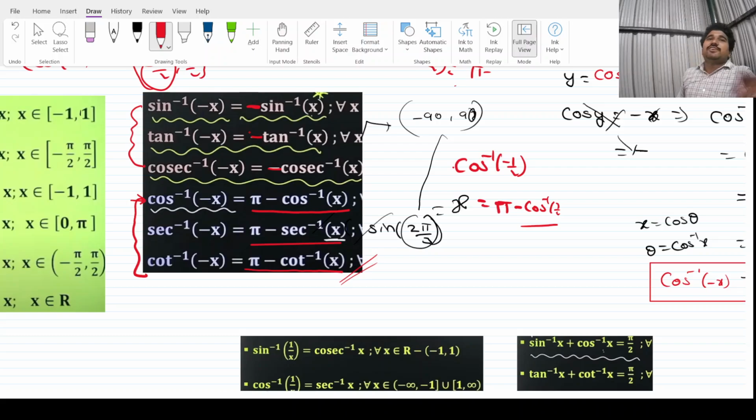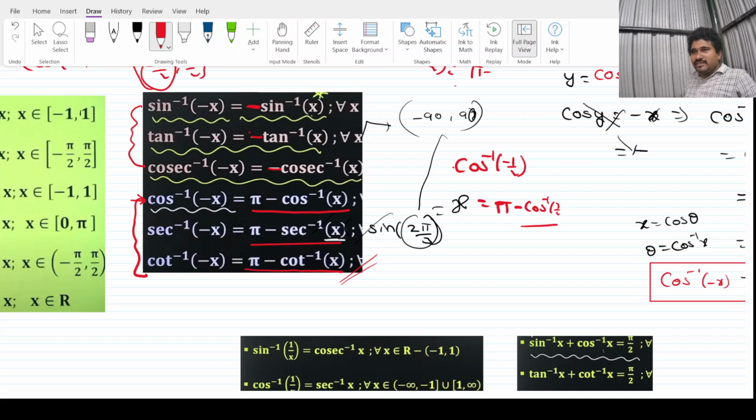So, sine inverse of minus x is minus sine inverse x. Tan inverse of minus x is minus tan inverse x. Cosecant inverse of minus x is minus cosecant inverse x. But for cos, secant, cot, what will come? Pi minus, pi minus, pi minus. Understood?